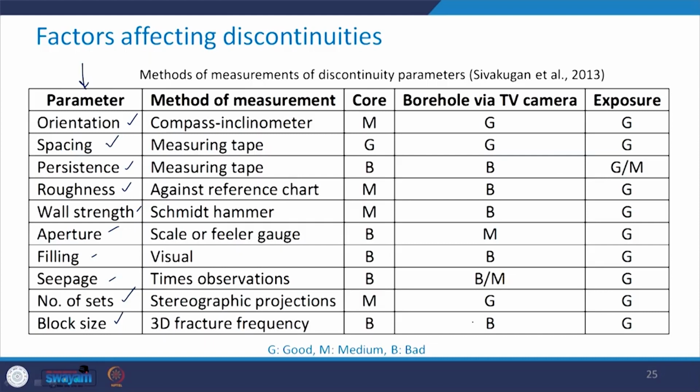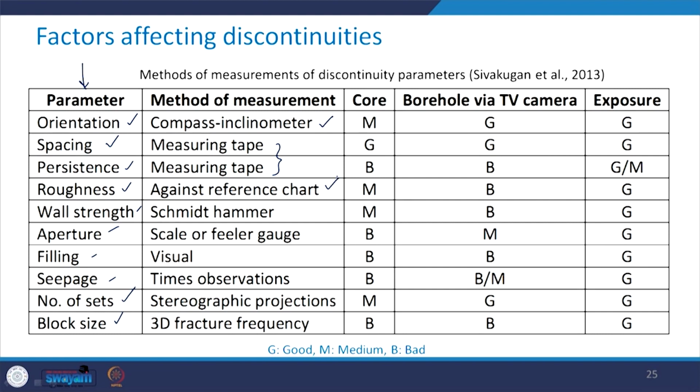Then, what is the method of measurement? Orientation can be measured using a compass inclinometer. Spacing and persistence, you have to use measuring tape to measure. Roughness, you have some reference charts, so you have to take the help of those reference charts in order to decide the roughness.